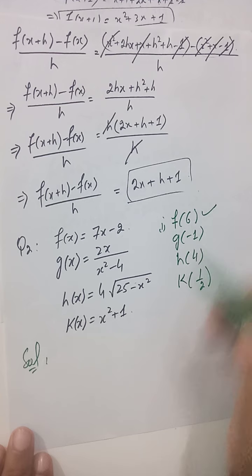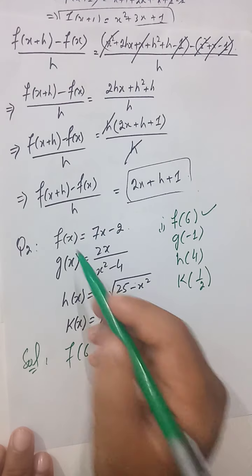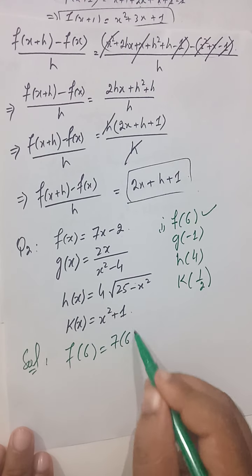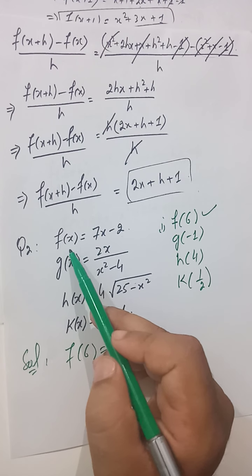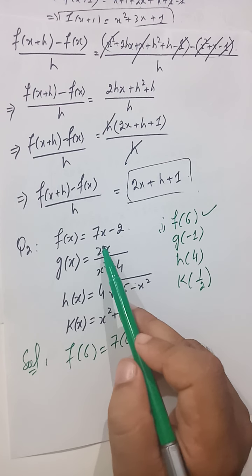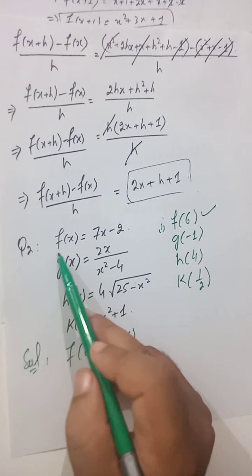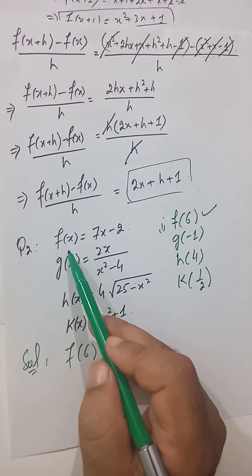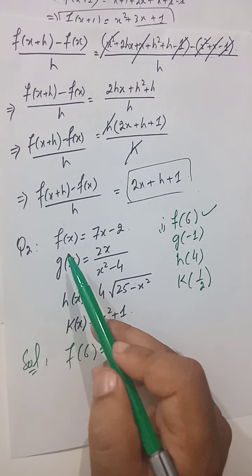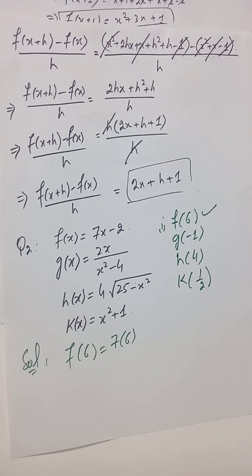For f of 6, replace this x by 6. When you replace the argument by 6, it means you must replace the value of x by the number you place in the argument on the right side expression.